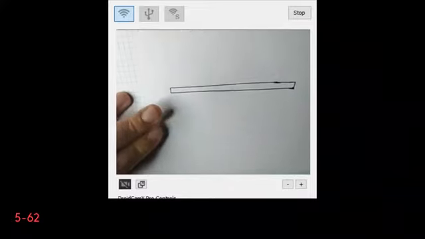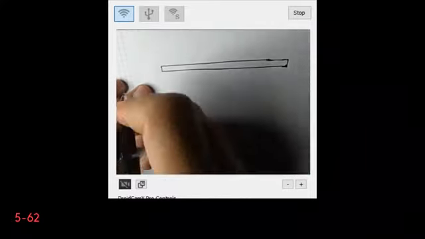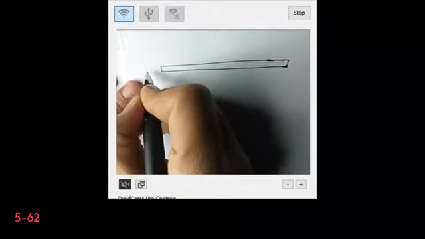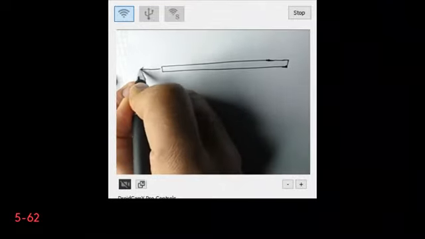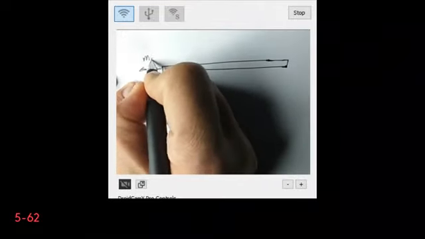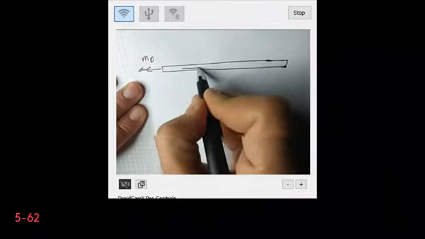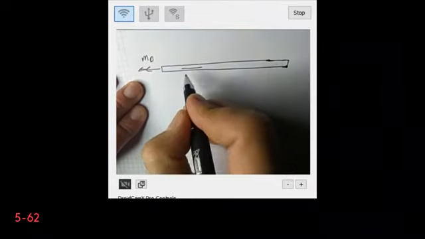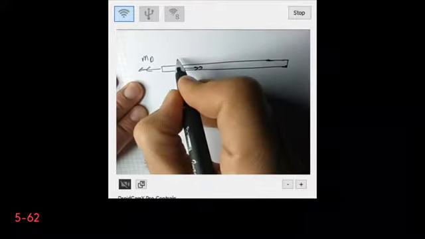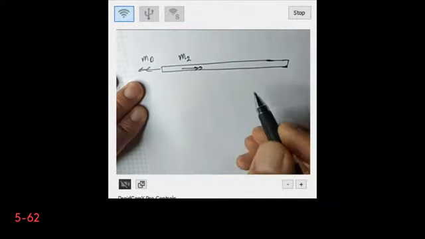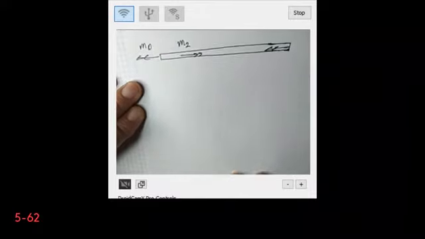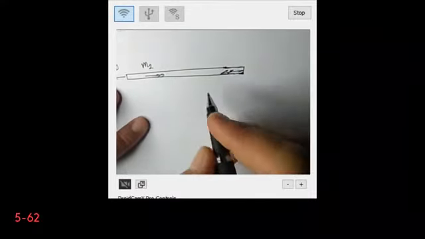I just draw the free body diagram once more. So this is my MD, this is my M2, and then I have the mg2.